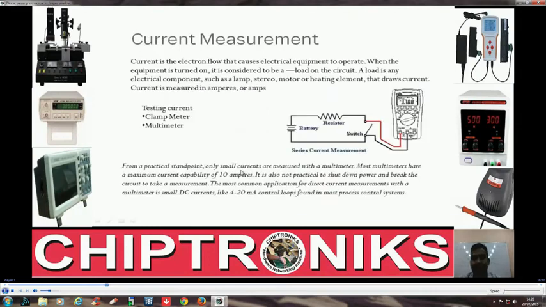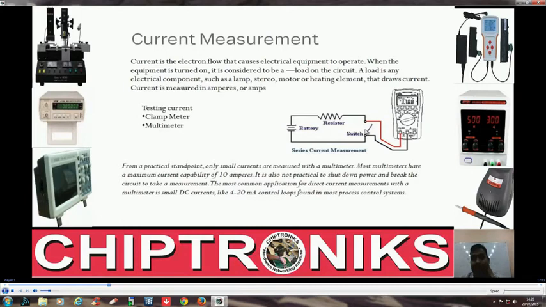All right. Current measurement, as I said, you can do only if you put the multimeter in series. Like here we have put the multimeter in series, and it's really very difficult to measure current, because to measure current you have to basically break this circuit and then connect the multimeter to that circuit.